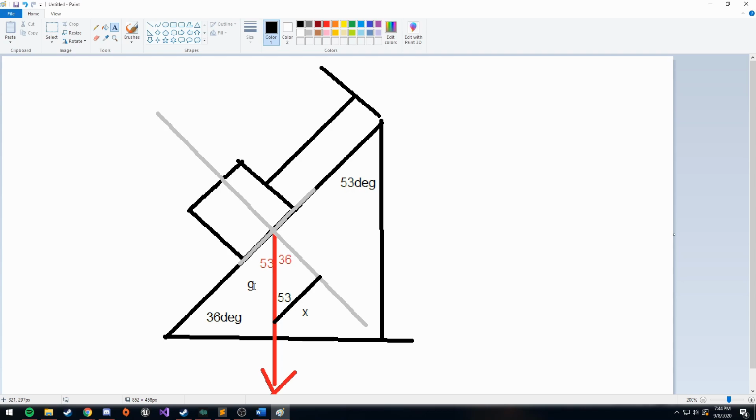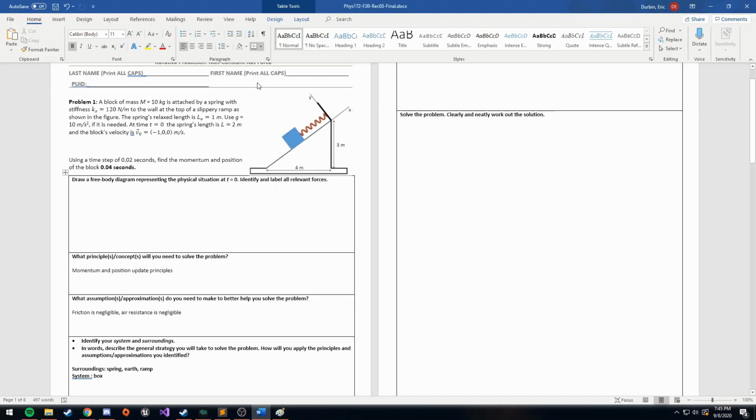There's also another 10 you multiply by, the mass. So it's negative mass times 10 times cosine of 53.13 degrees. Yes. Okay. So I'm just gonna do 100. So it's 60, or negative 60, I should say.